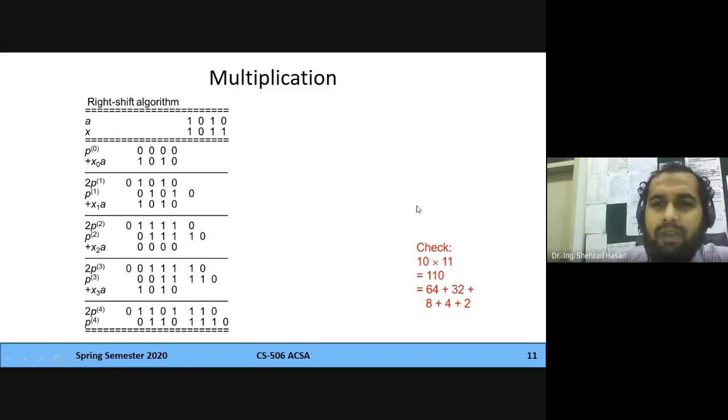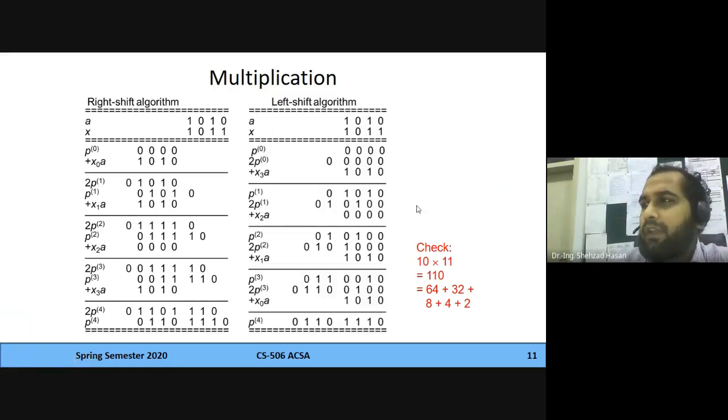We are going to do the same multiplication through a left shift algorithm. That's another algorithm that can also do multiplication. In this case, we are going to shift our numbers to the left. The difference here is we are not going to start from the least significant digit or bit.